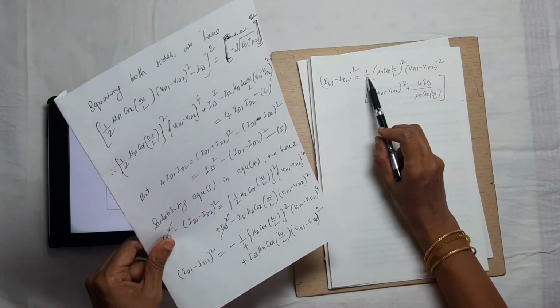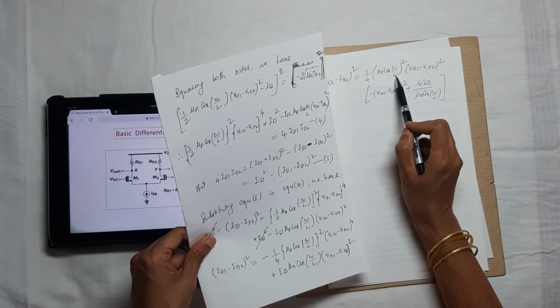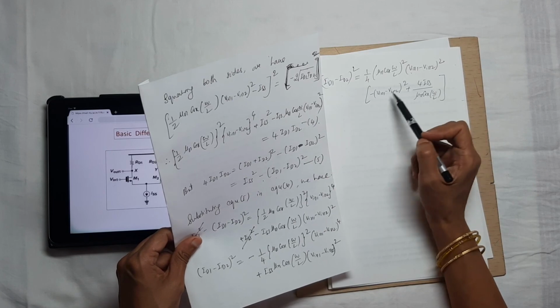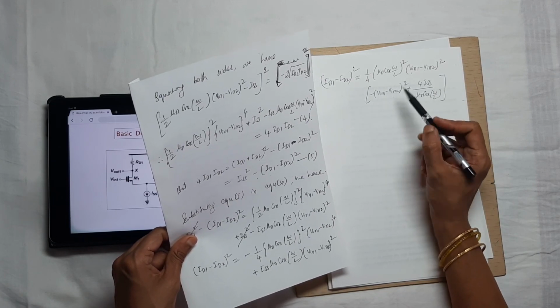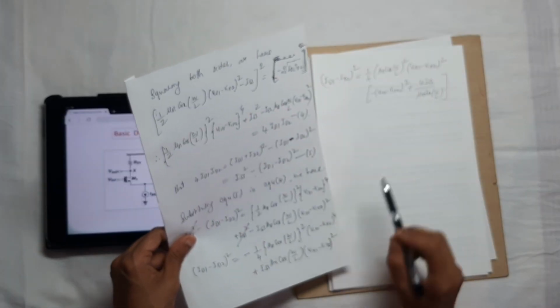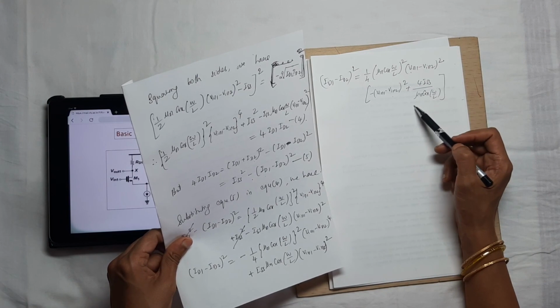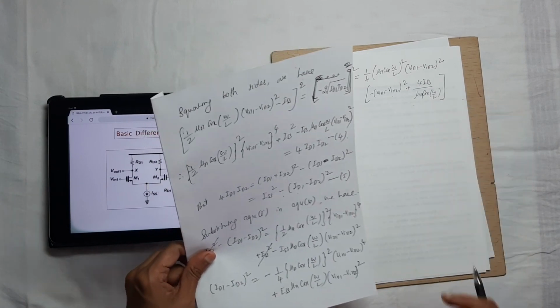We have taken the common factor as 1/4 (mu n Cox W by L) whole bracket square (V in 1 minus V in 2) whole bracket square. Here in the first term we are left with (V in 1 minus V in 2) square plus 4 ISS. If you solve this, it will be 4 ISS divided by mu n Cox W by L.